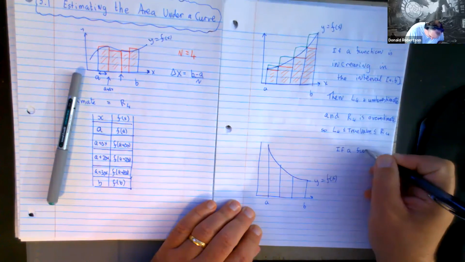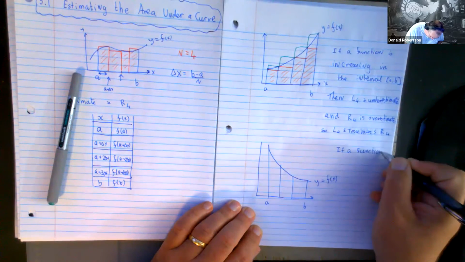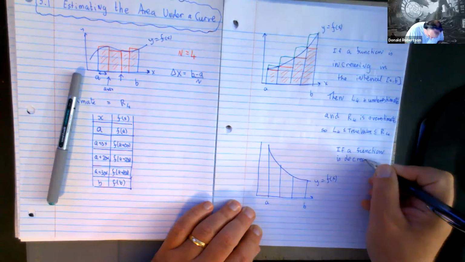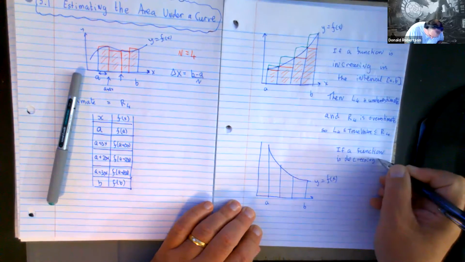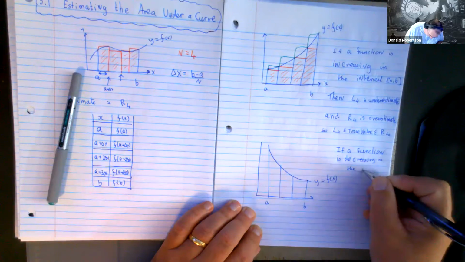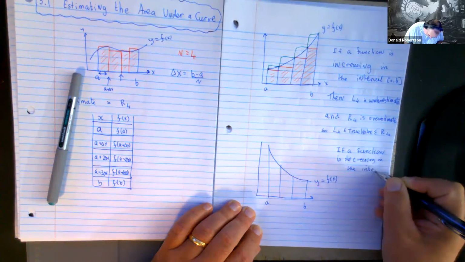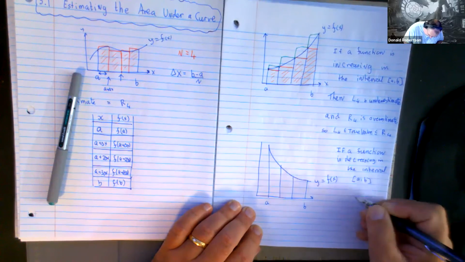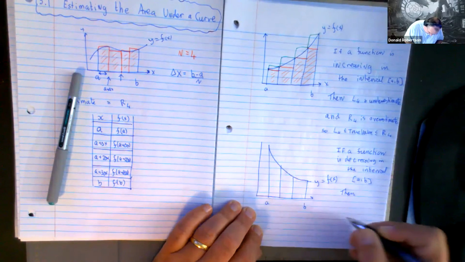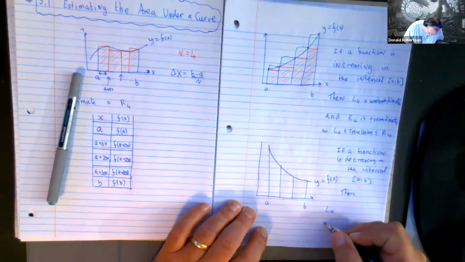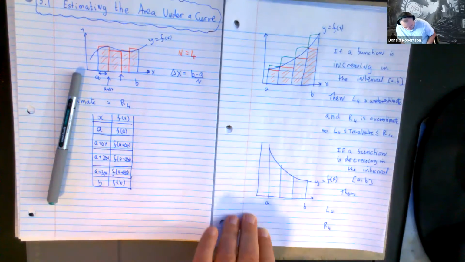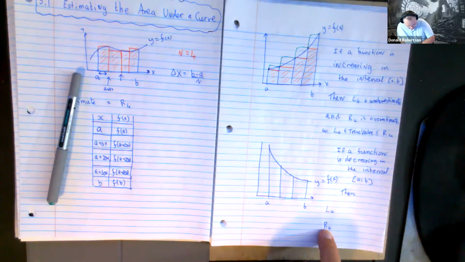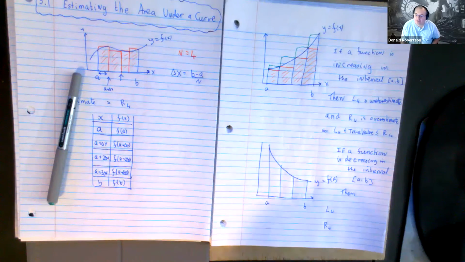If a function is decreasing in the interval A to B, then will L4 still be an underestimate and will R4 still be an overestimate in this new situation?